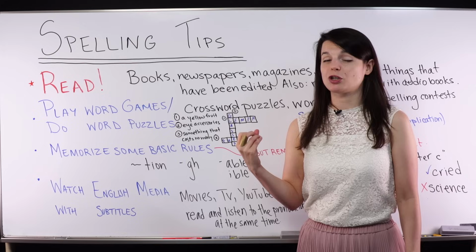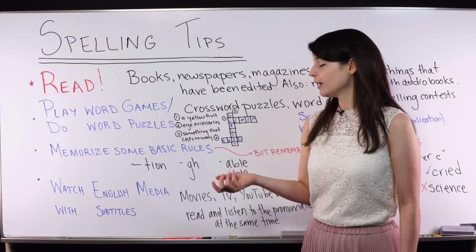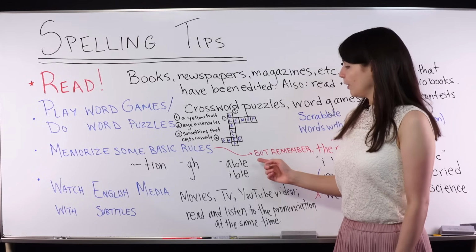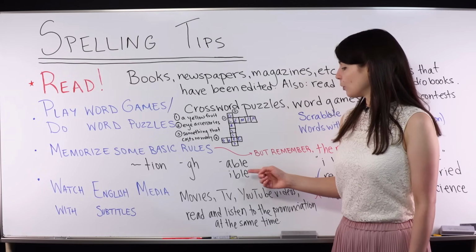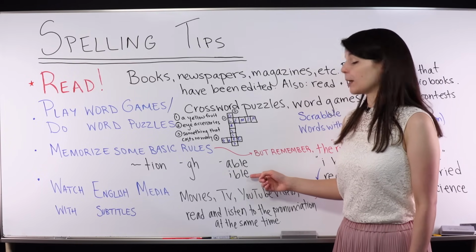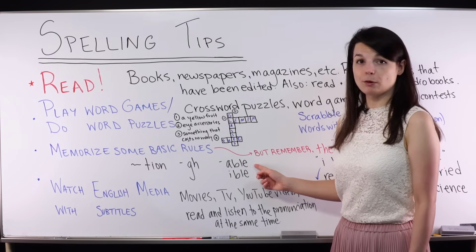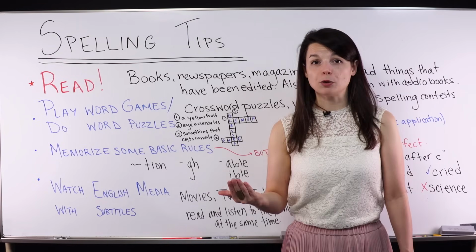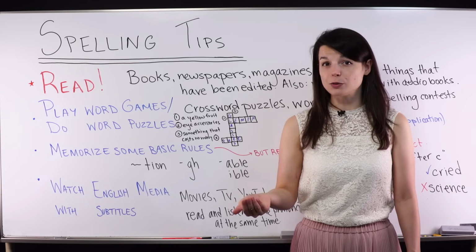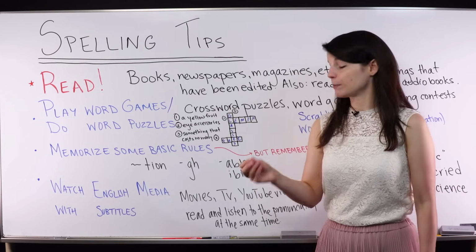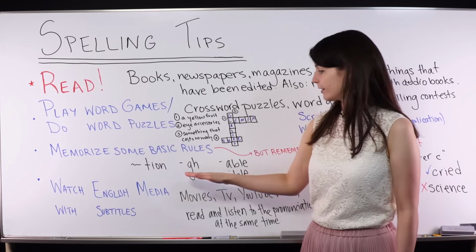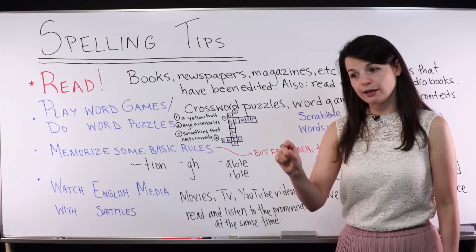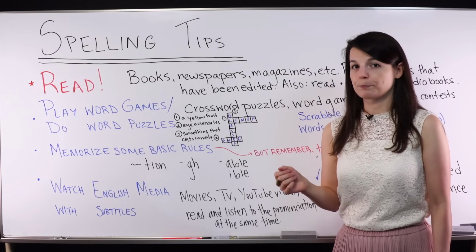You might think we should use an F to spell this word, but enough actually ends with a GH. There are words that end in able or the similar I-B-L-E, like possible, for example, or capable. So remembering these kinds of word endings can help you because they're very, very commonly used. And if you understand how to spell the word roughly, like this, you at least have this sort of rule in your mind. It can help you when you're reading and when you're trying to spell the word.